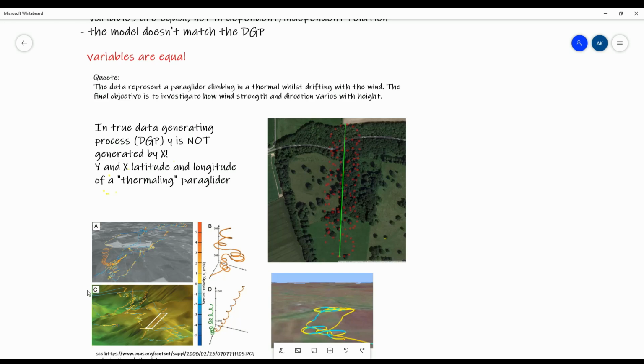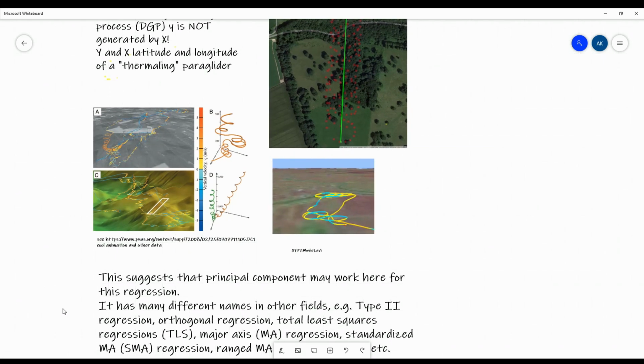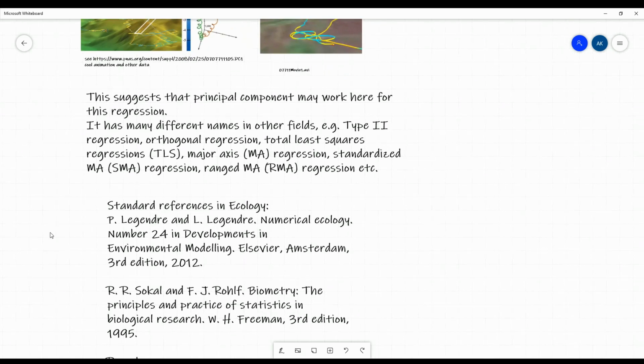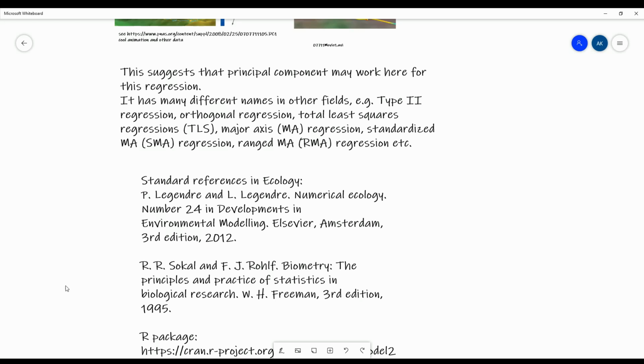Okay, so the paraglider's moves are spirals, we said, and there's an underlying complex movement which generates these latitude and longitude values. We said, well, maybe if we try orthogonal regression, we will get a better result than normal regression, the OLS, the usual regression.